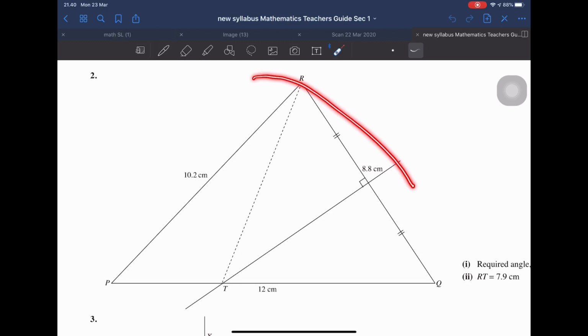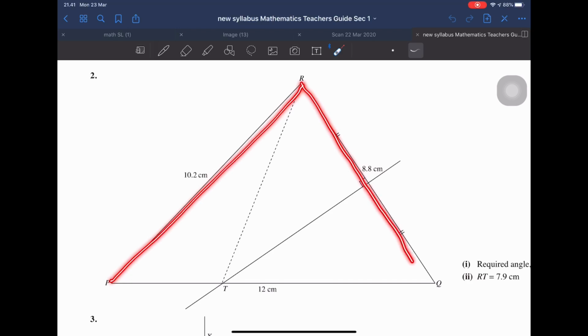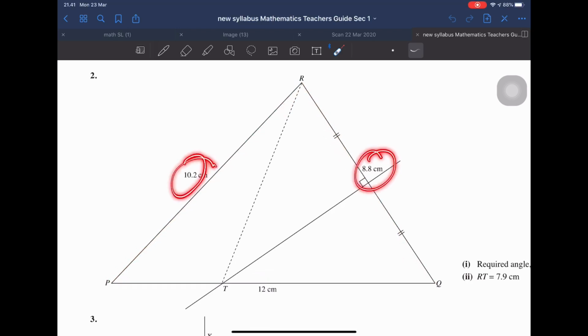and then from the other side you're going to put the sharp part of your compass here, and then make sure it's 8.8, and then it's going to meet at a point, and then connect them. It's going to be 10.2 here, 8.8 there.